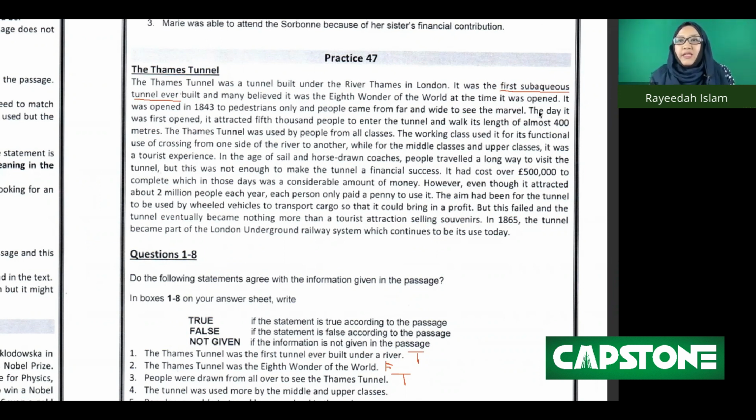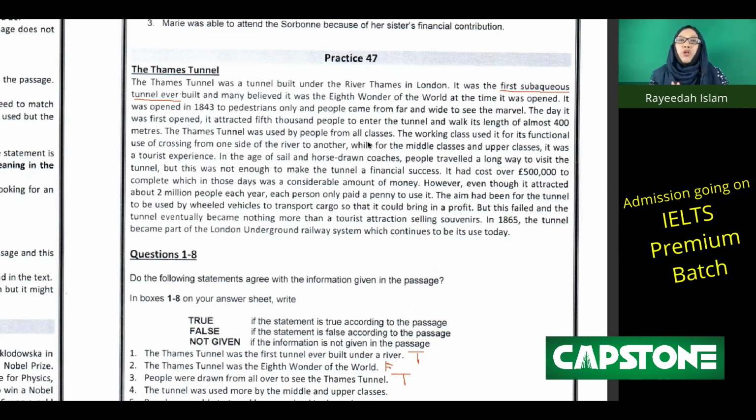Okay, let's see. The Thames Tunnel was used by people from all classes. এখানে বলছে that it was used by people from all classes. Nowhere does it say or specify that it was specifically used by either the middle or the upper class, but lower class use করে নাই, শুধু middle and upper করেছে, এরকম কিছুই বলা হয় না. এখানে বলা হচ্ছে যে it was used by people from all classes.